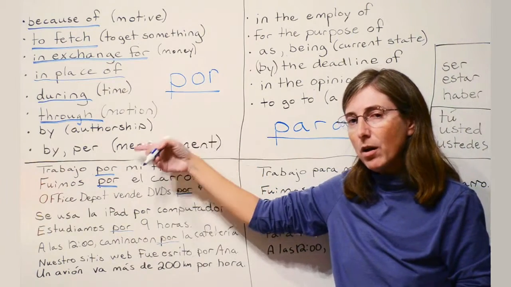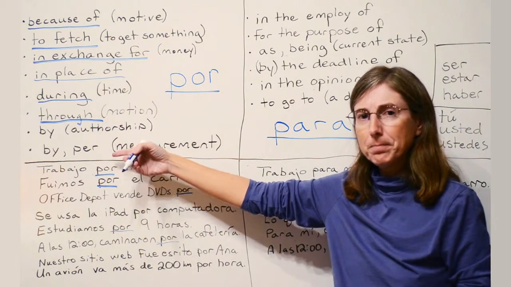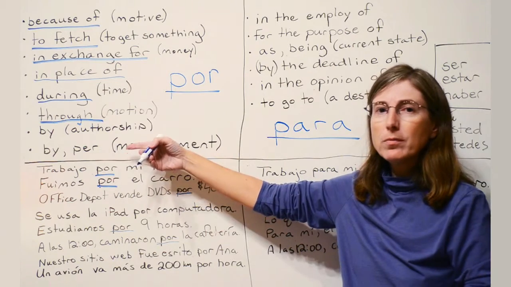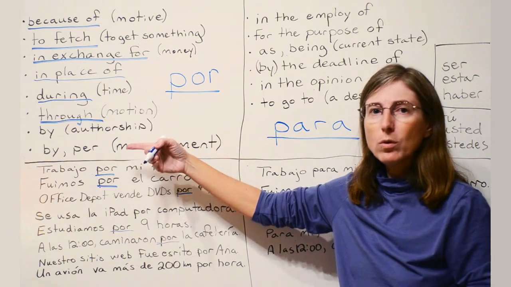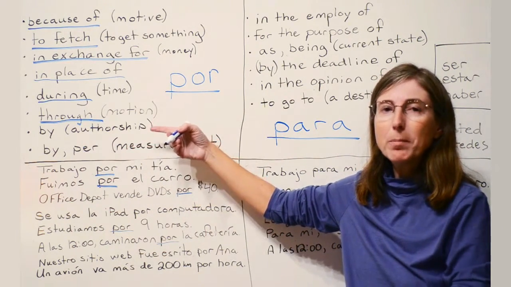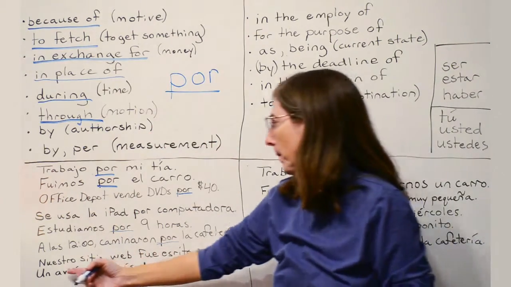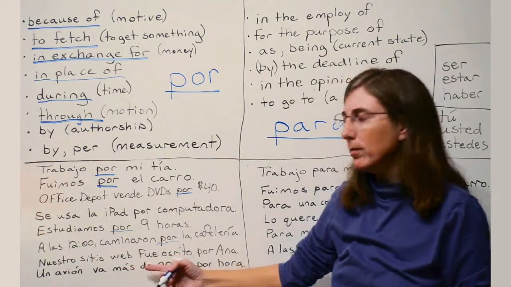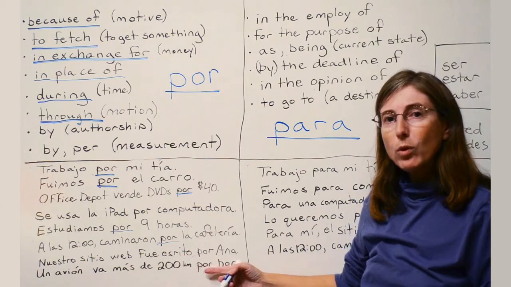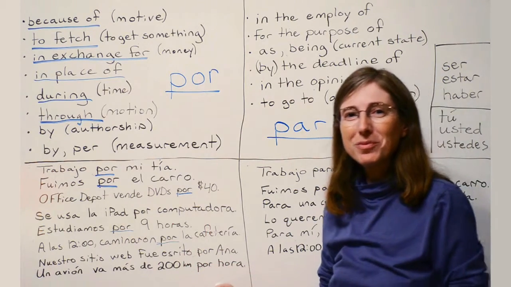Por can also mean authorship, by. El libro fue escrito por Carlos Fuentes. The book was written by Carlos Fuentes. Nuestro sitio web fue escrito por Ana. Our website was written by Ana.